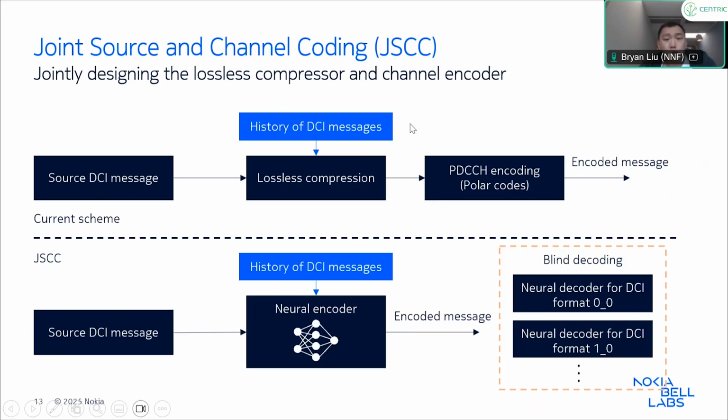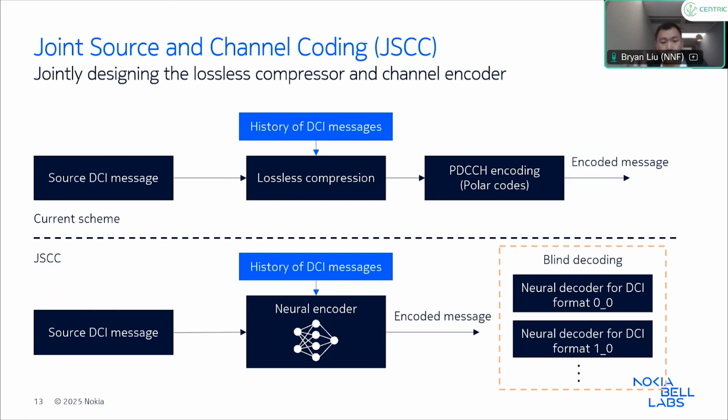One last slide is about future work. What we are working on now is joint source and channel coding. As you may notice from previous slides, the compressed length is not constant with this deep learning based approach. There's a variance, because the deep learning approach doesn't guarantee a fixed length from the lossless compressor. One way to solve that is to jointly combine the lossless compressor and the channel encoder into one neural encoder.